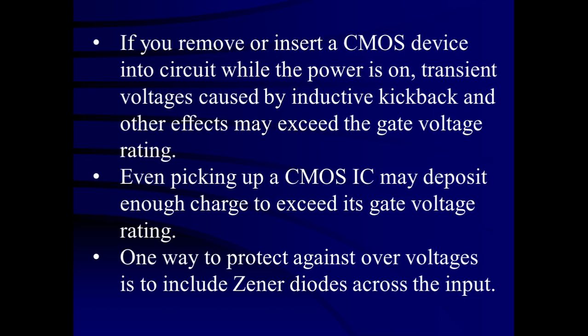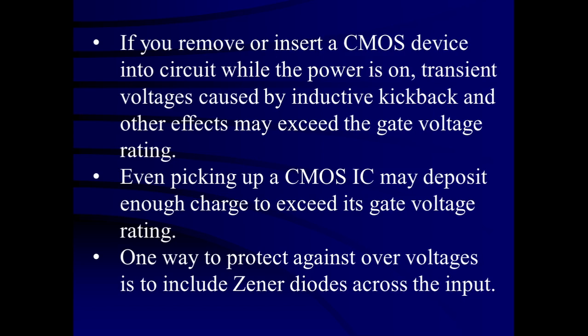Now, one way to protect against overvoltage is to include a Zener diode across the input. So, how to protect this? A Zener diode has to be inserted between the gate and ground or source.